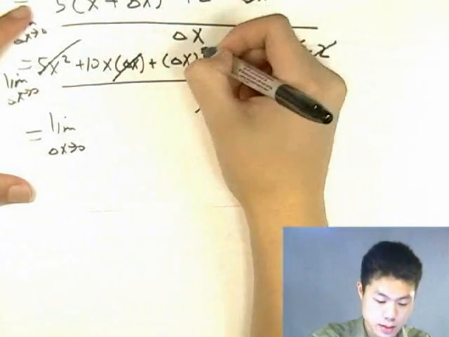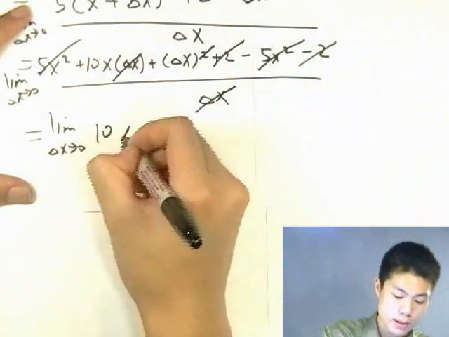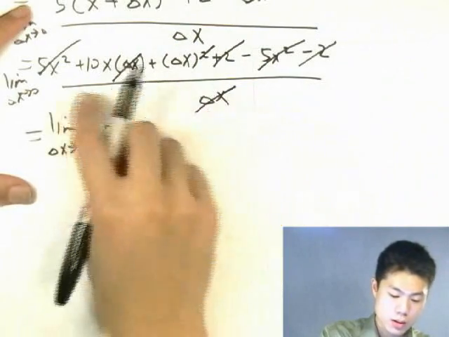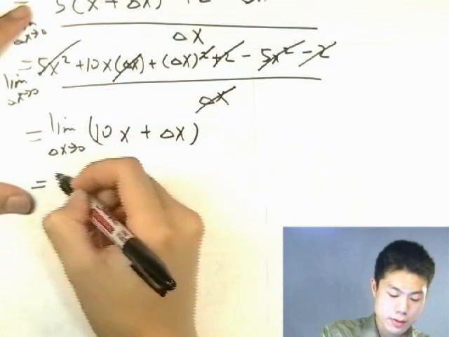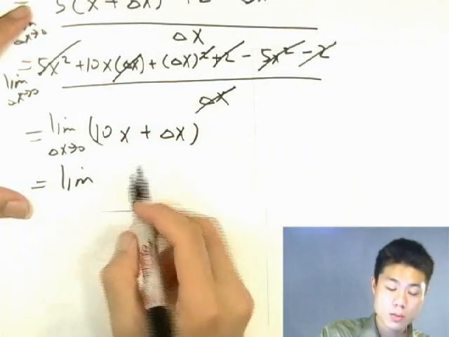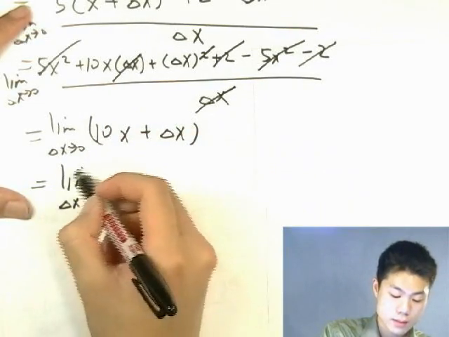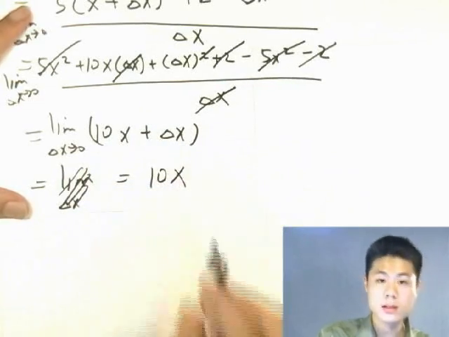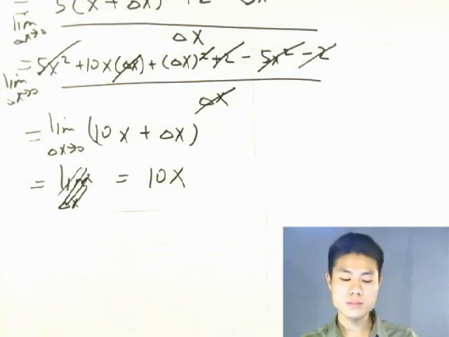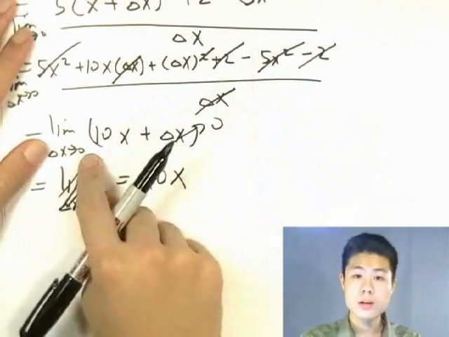What we're left with is 10x plus delta x. And if we take the limit, we get 10x, because delta x approaches 0.